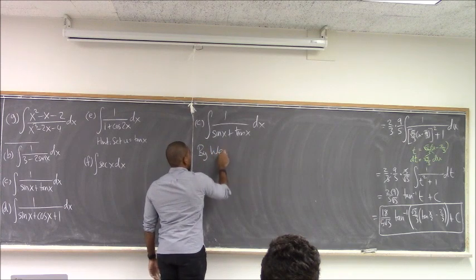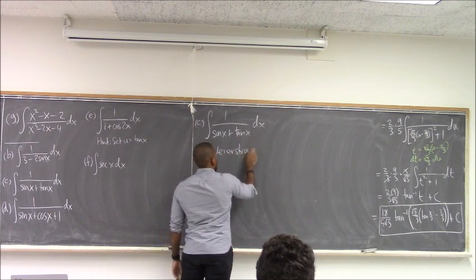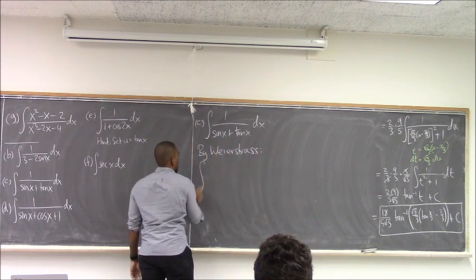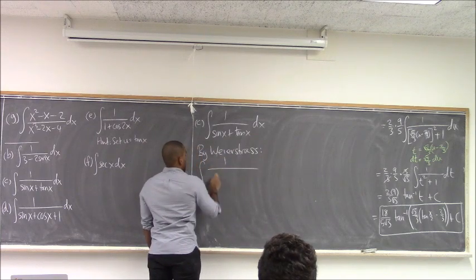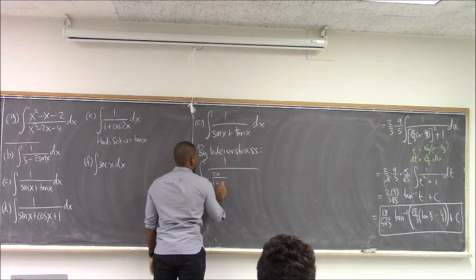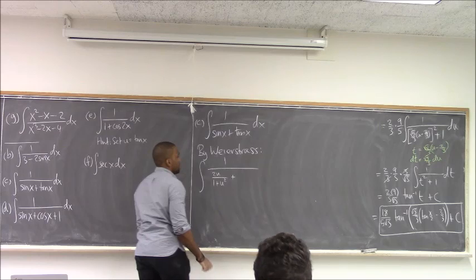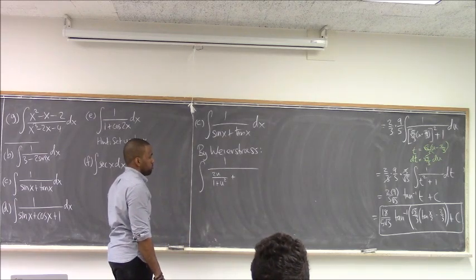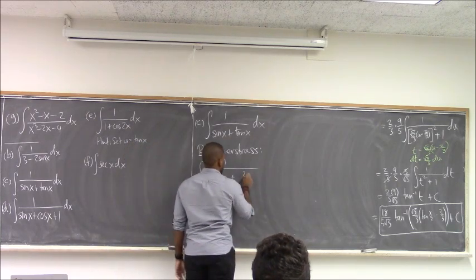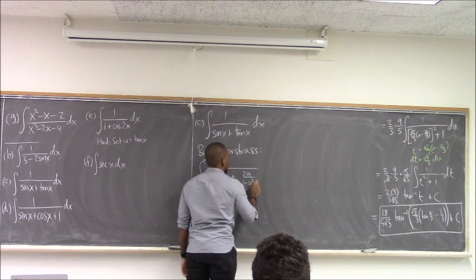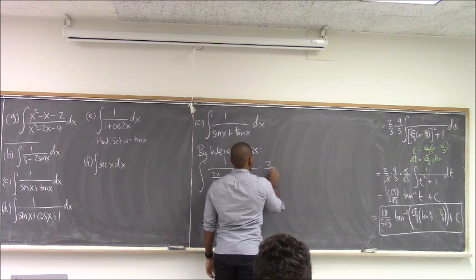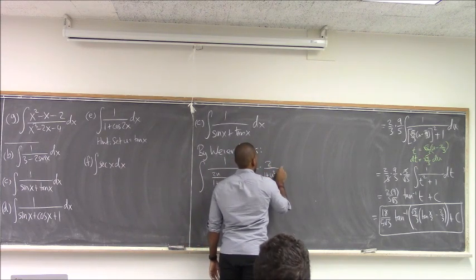By Weierstrass, it becomes 2u over 1 plus u squared. What would tangent become? So u over 1 minus 1. And dx is going to be 2 over 1 plus u squared.